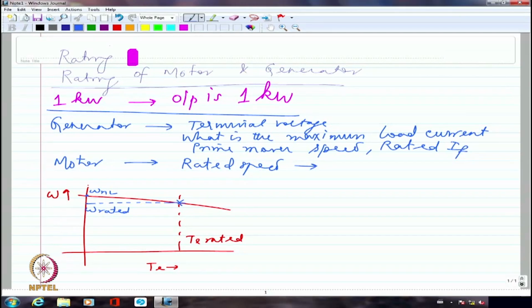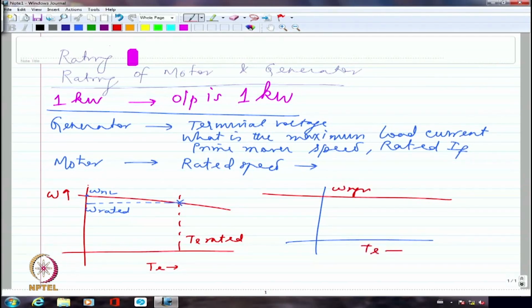So you are going to have the speed at synchronous speed no matter what. So you will not have a drooping characteristic at all. You will in fact have in a synchronous machine a steady characteristic like this. It cannot come down. It should be a horizontal straight line. So this is my synchronous speed no matter what my torque is.